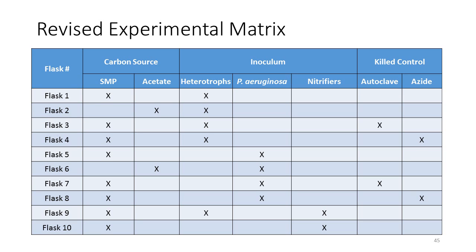And then we're going to do the same with Pseudomonas to gauge acetate versus SMP and the 2 kill controls. In addition to that, we are going to look at whether just the presence of nitrifiers aids in the removal of trace organic contaminants. So we have a flask with SMPs, heterotrophs, and nitrifiers, and a flask with just SMPs and nitrifiers.